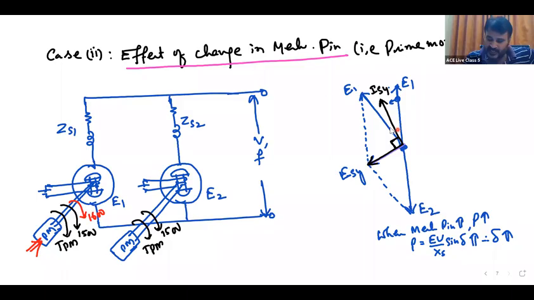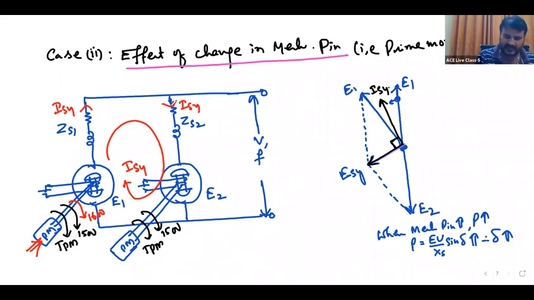But ISY is common. Synchronizing current is circulating inside the machines. Synchronizing current is delivered by the first machine, absorbed by the second machine. So the first machine is acting as a generator, the second machine is acting as a motor.